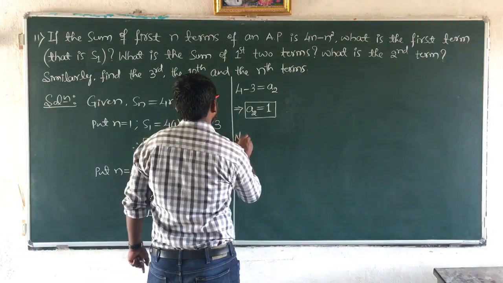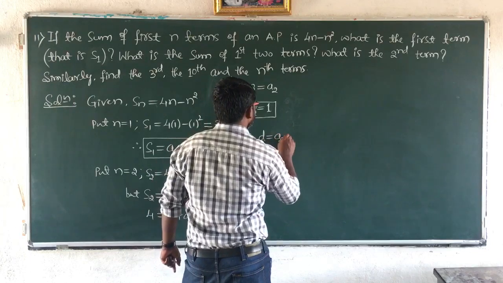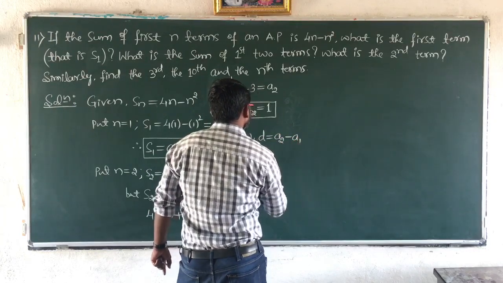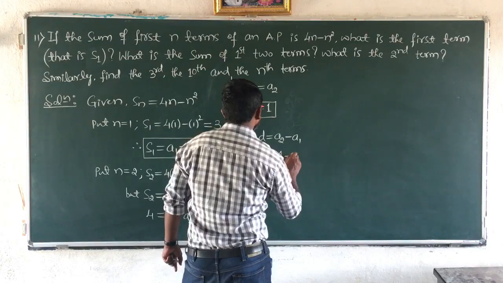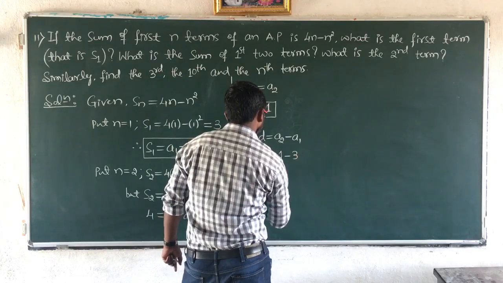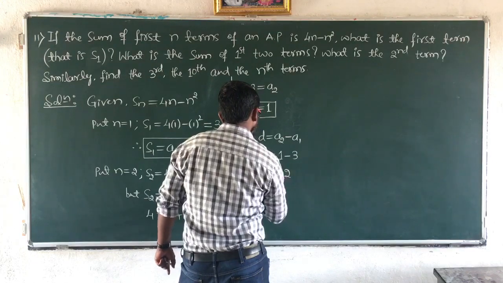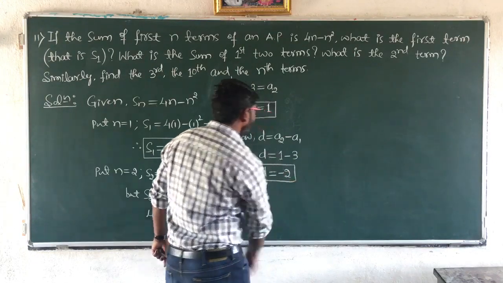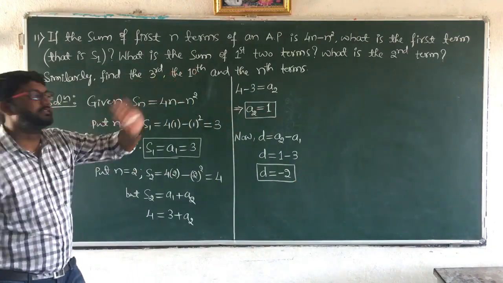D is equal to A2 minus A1. What is A2? It is 1 minus A1, it is 3. D is equal to minus 2. So we have got the common difference. Now we can calculate the third, 10th and the nth terms.